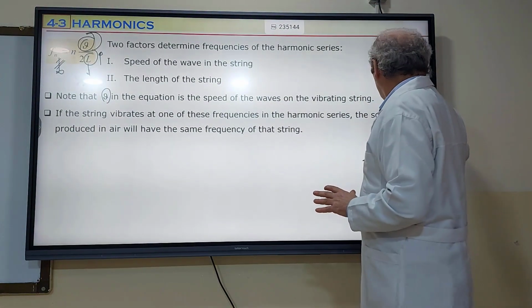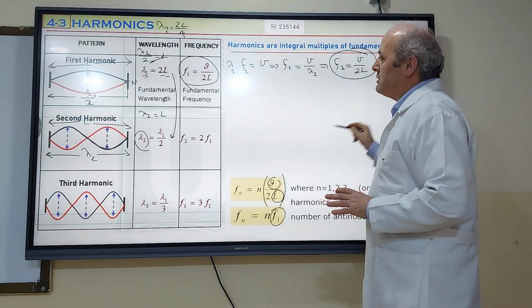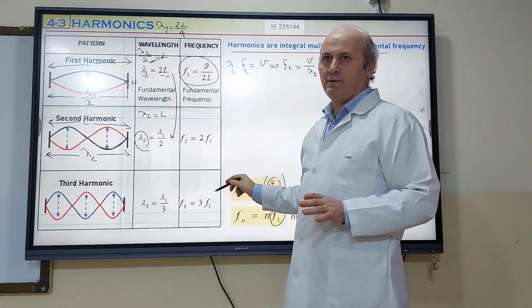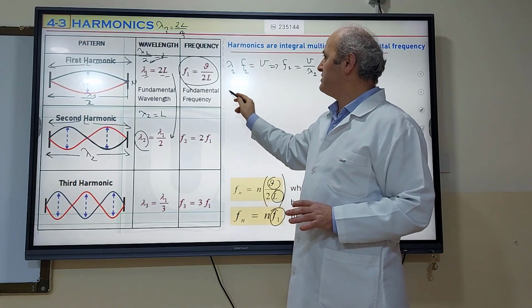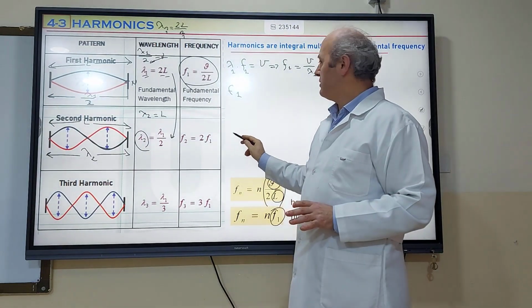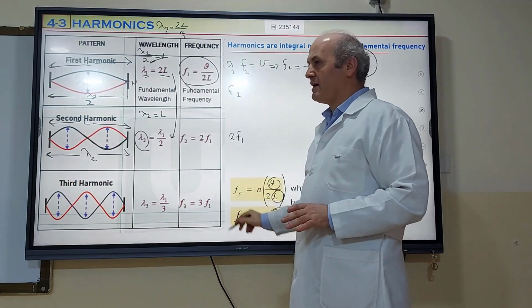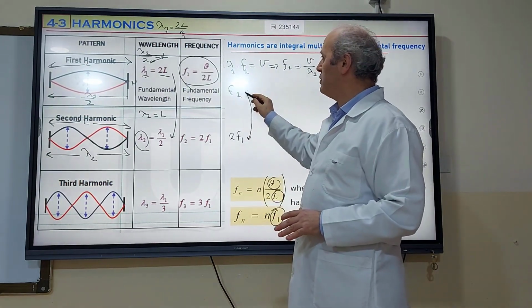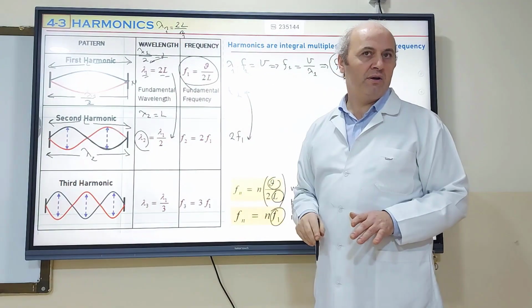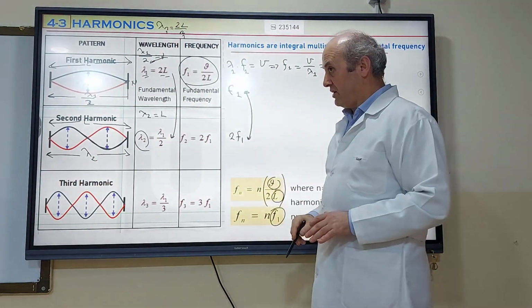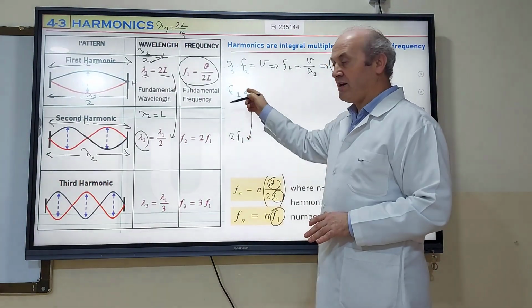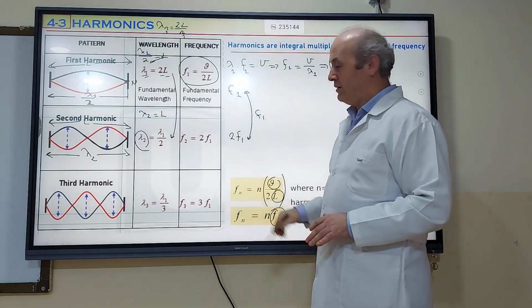And better to note this: from one frequency to the next, what is the difference? This is F1. This is twice F1. This is 3 times F1. What is the difference between two adjacent harmonics? Yeah, 1 F1. 2 F1 minus F1 is 1 F1.